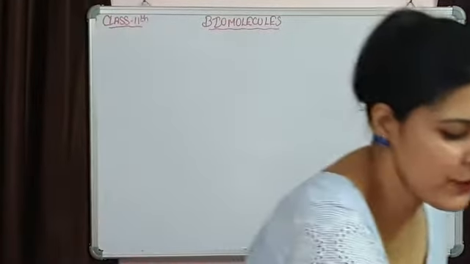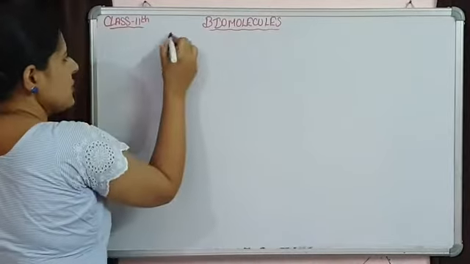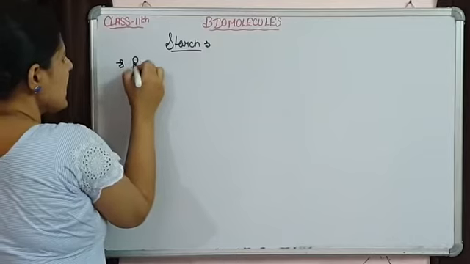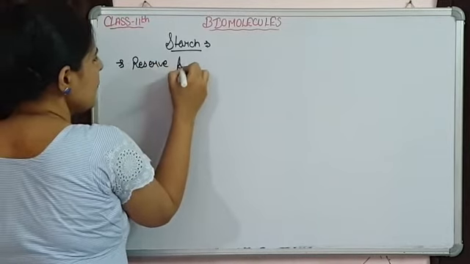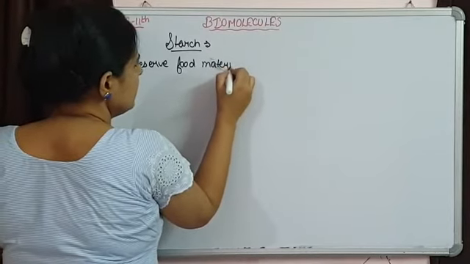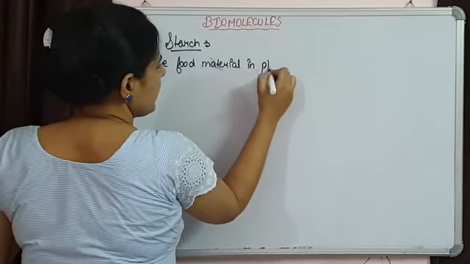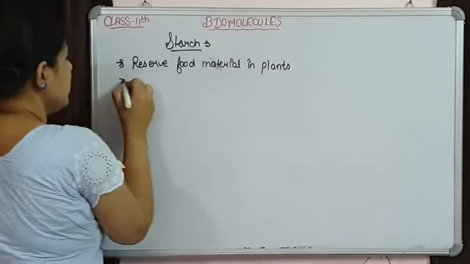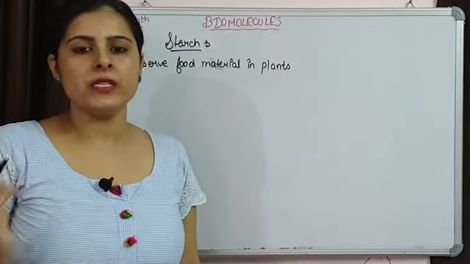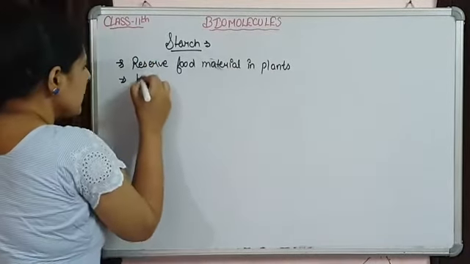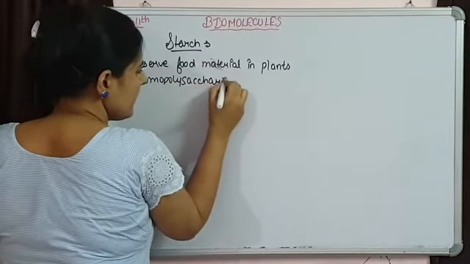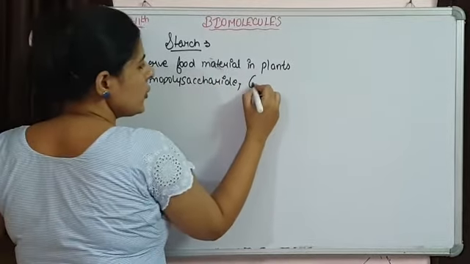Plants का जो reserved food material है that is starch. So the first thing about starch is it is reserved food material in plants. It is a homopolysaccharide that is made up of glucose subunits, जो बहुत सारी ग्लूकोज यूनिट्स के बॉन्ड फॉर्मेशन से बना है.